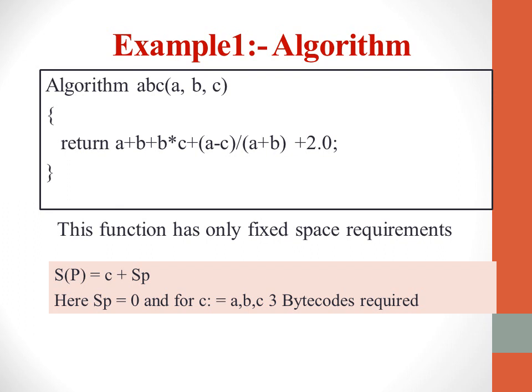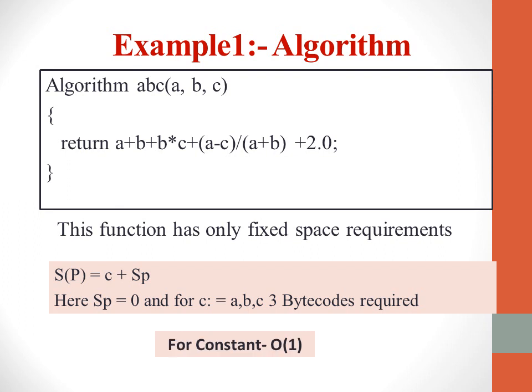Now this fixed part is okay with the 3 byte codes. Now please verify the variable part. Here the variable part is nothing. No instance is there for any variable. So I can say S suffix p equals 0. So the total memory space required for this algorithm to run is constant, that means 3 bytes.